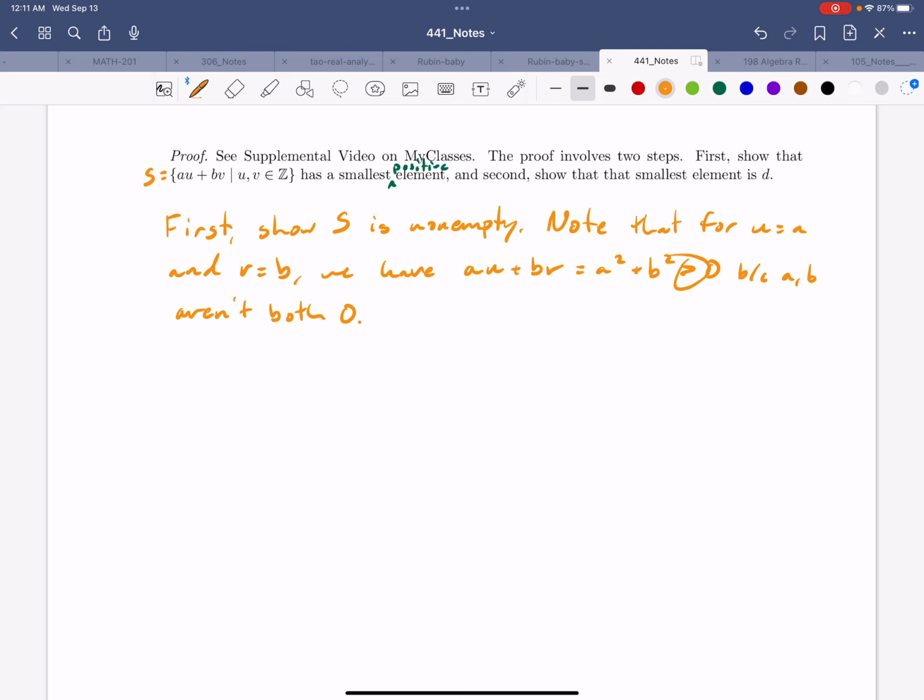So we have that it's strictly positive. So a squared plus b squared is in S.